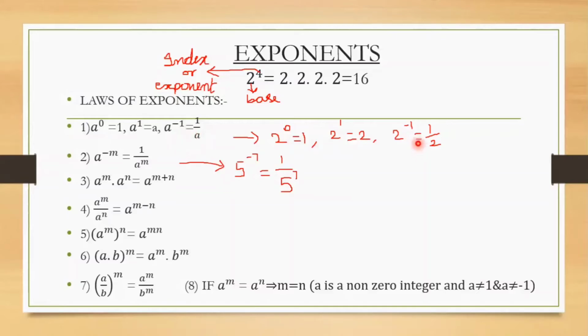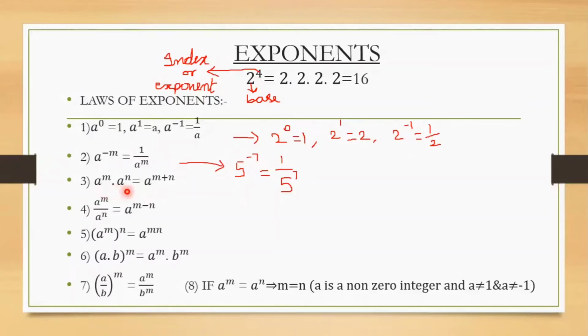For example, 2 to the power of minus 1 is written as 1 by 2. Same as a to the power of minus m equal to 1 by a to the power of m. Here also any number raised to a negative power gives the reciprocal. For example, 5 to the power of minus 7 equal to 1 by 5 to the power of 7.